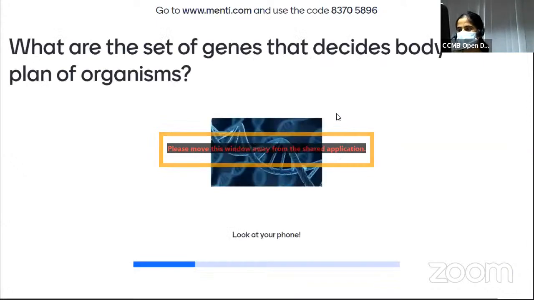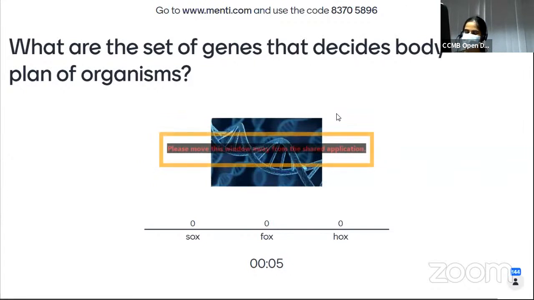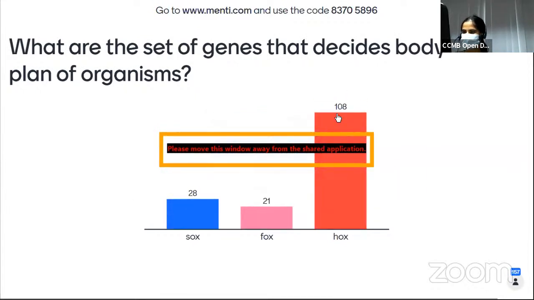What are the sets of genes that decides body plan of organisms? Options we have SOX, FOX, and HOX. The right answer is HOX genes.